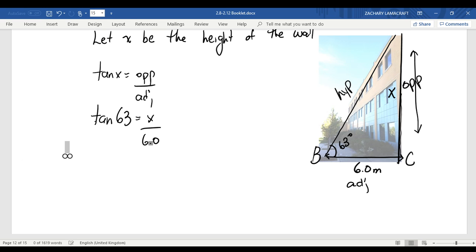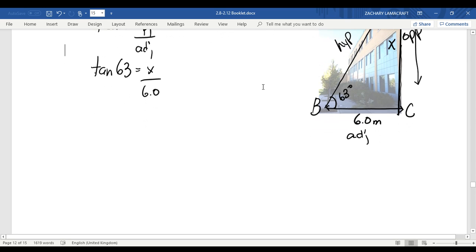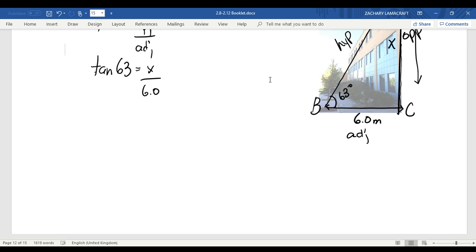Is that what we had? Sweet. Okay. What's our next step? Yeah, find what tan 63 is. Exactly. Which is what? 1.9626, I completely agree, is equal to x over 6.